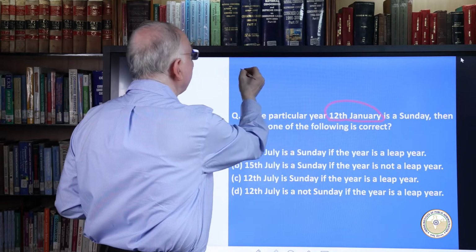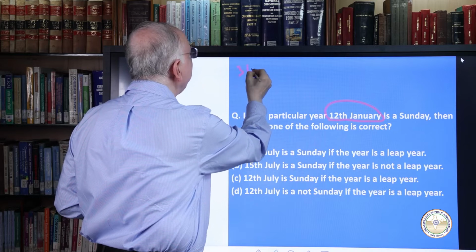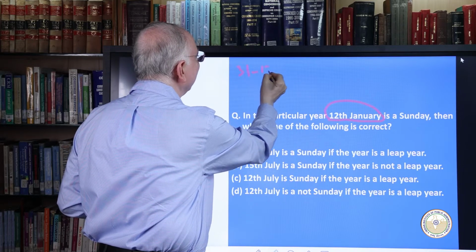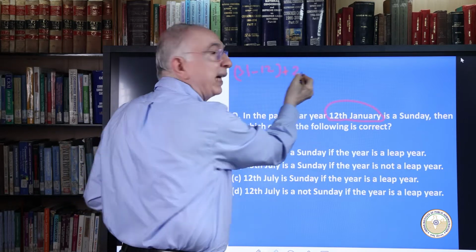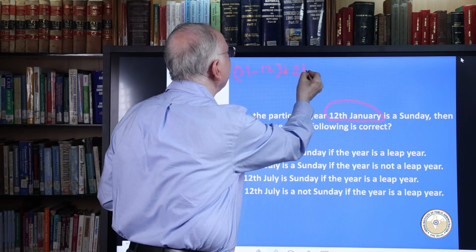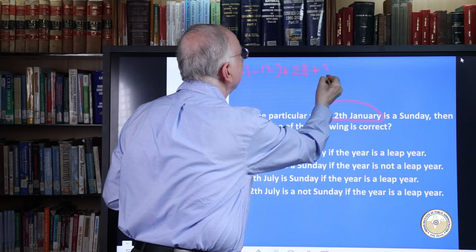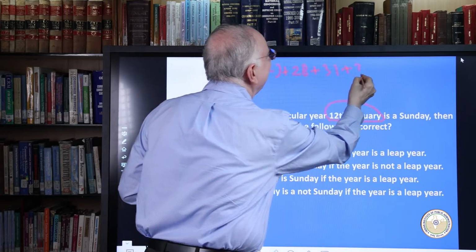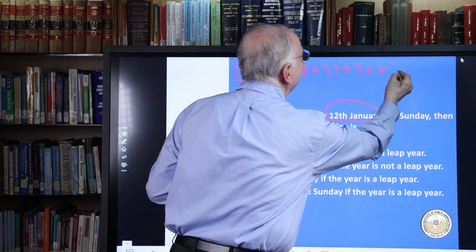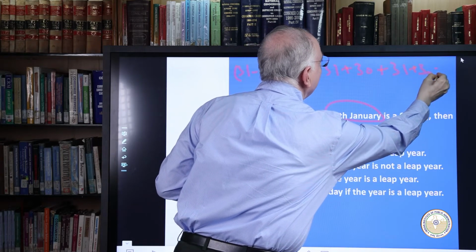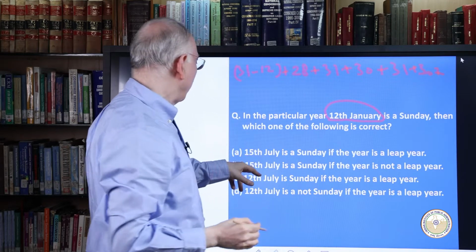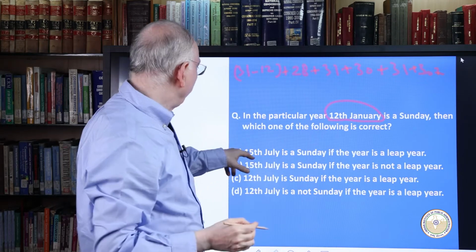We start from 12th, so in January, how many days are left? These many days, and keep on adding February, because we are assuming this is not a leap year, so 28, then in March 31, April 30, May 31, June 30, and in July, because we have to work out what will be the day on 15th July.